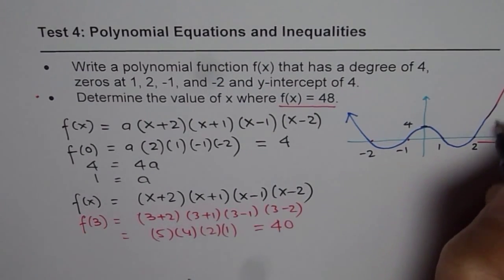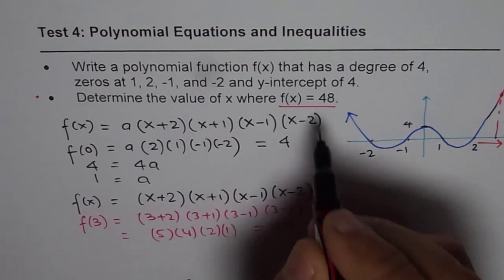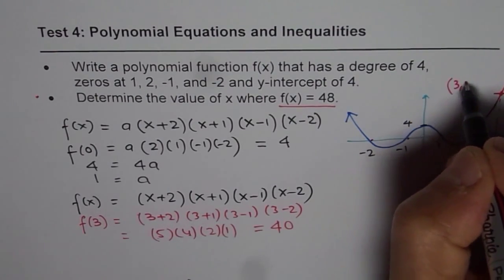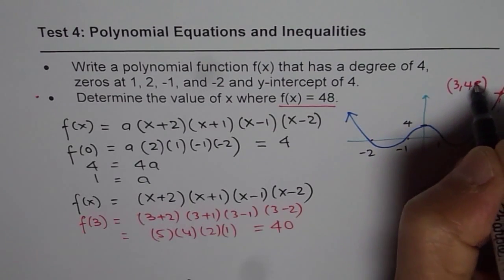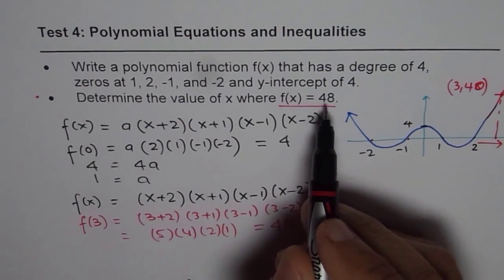So at 3 we are actually very close to 48. So this point is 40, right? We got 40 at 3. We are looking for 48.